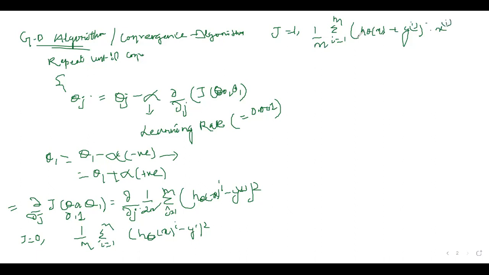If I split it, h theta of x is nothing but theta 0 plus theta 1 into x. Understood?